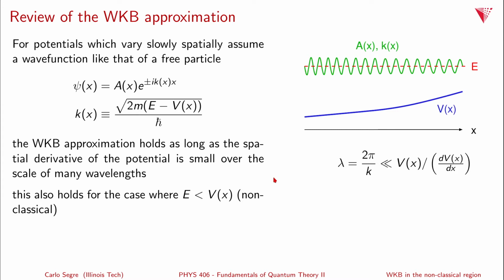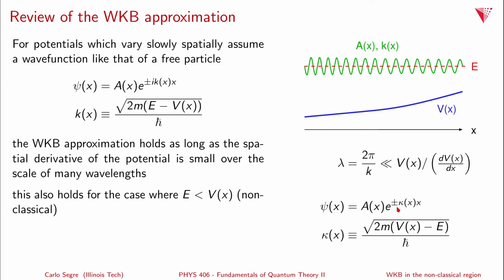And this also holds for the case where E is less than V of x, that is the non-classical region. So when we're in the non-classical region where the potential is bigger than the total energy, then we have psi of x is equal to A of x, e to the plus or minus kappa of x times x. And you note that now this is not an oscillating exponential, but a decaying or rising exponential, as we might expect from what we learned about free particle tunneling in previous lectures.